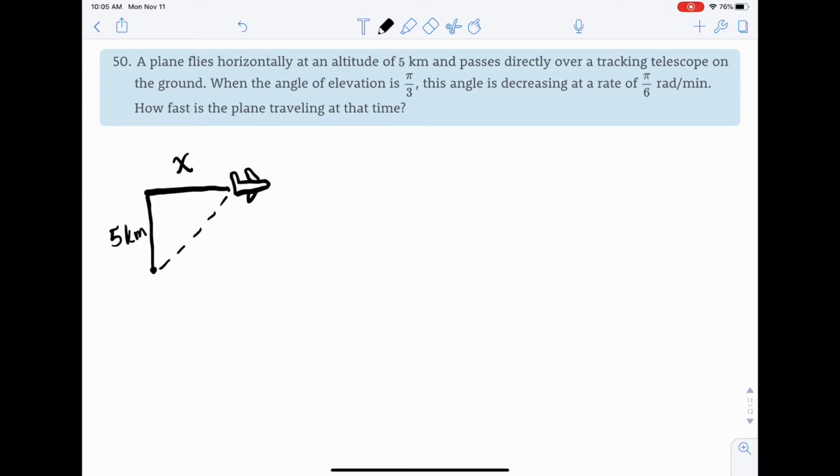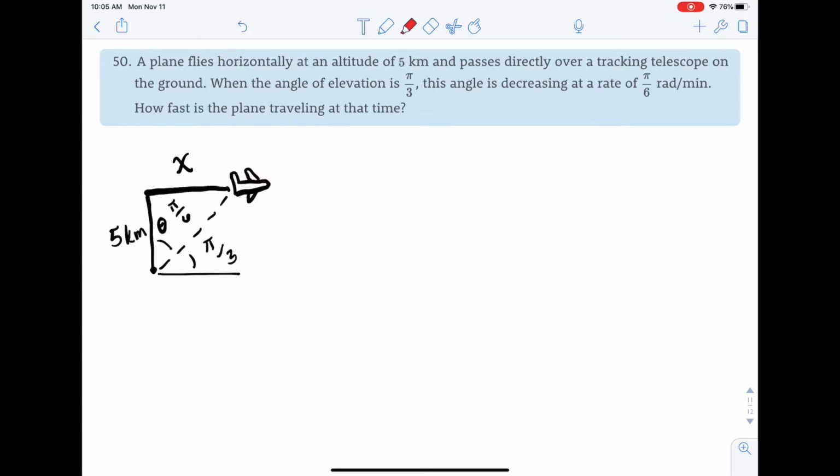And it also says that it creates an angle of elevation with the ground, which is pi over 3. So we'll draw in pi over 3, which means this angle right here, which we'll call theta, must be equal to pi over 6.